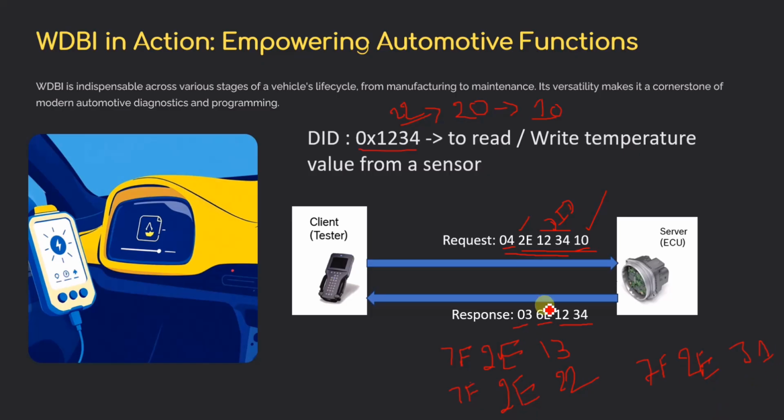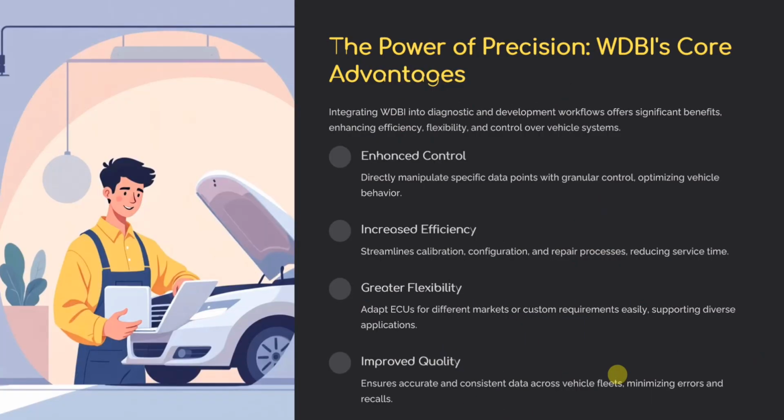This analysis is explained very well in the Read Data By Identifier video. You can watch it by searching Read Data By Identifier by Auto Electro Tech. Then you will get the full information on the service, the NRCs supported, how it looks, and what the supported table is.